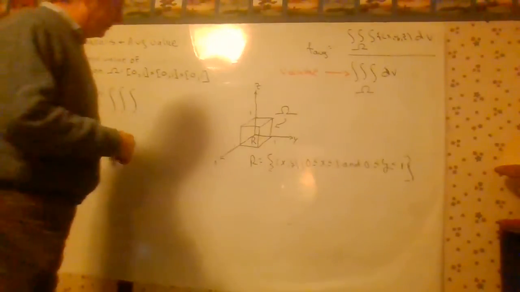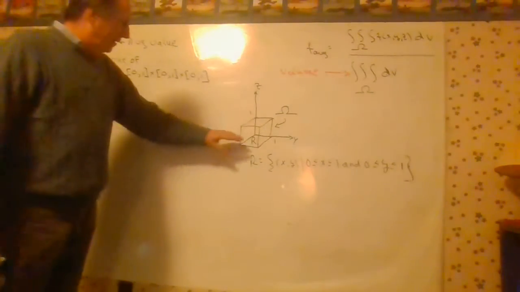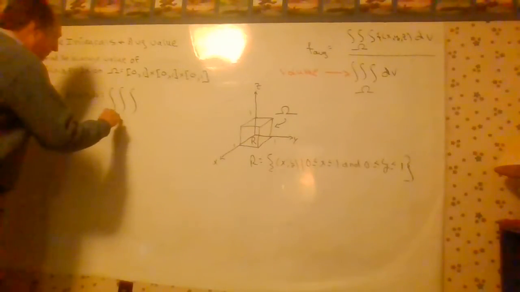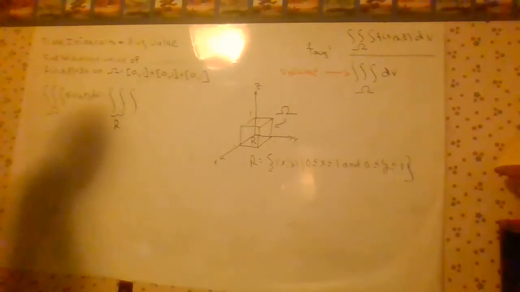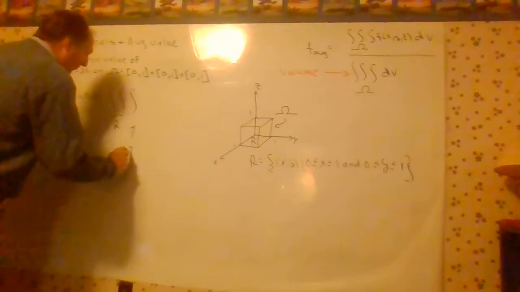The best way to think of a triple integral is to first of all set up an xy double integral. This is going to be over region R. And then inside, these are going to be z limits.